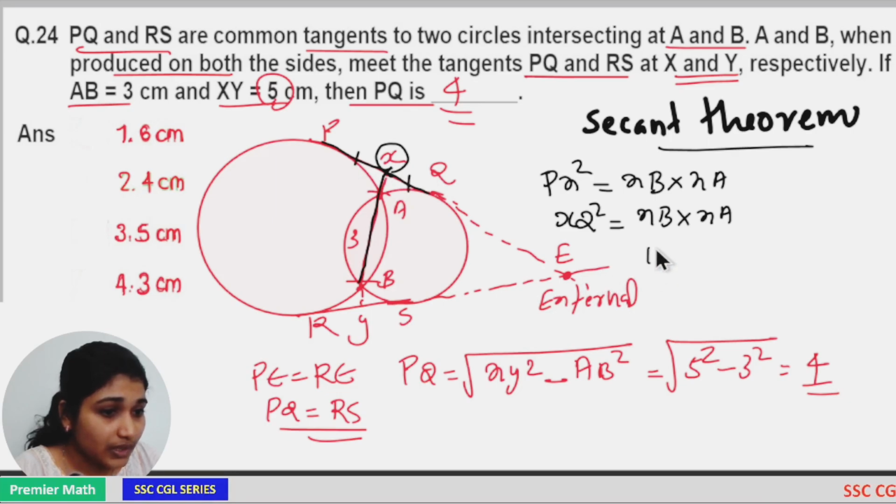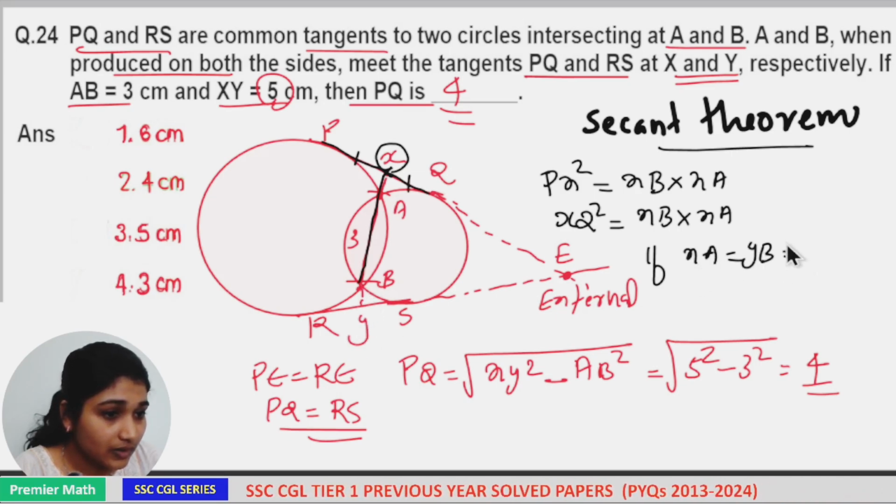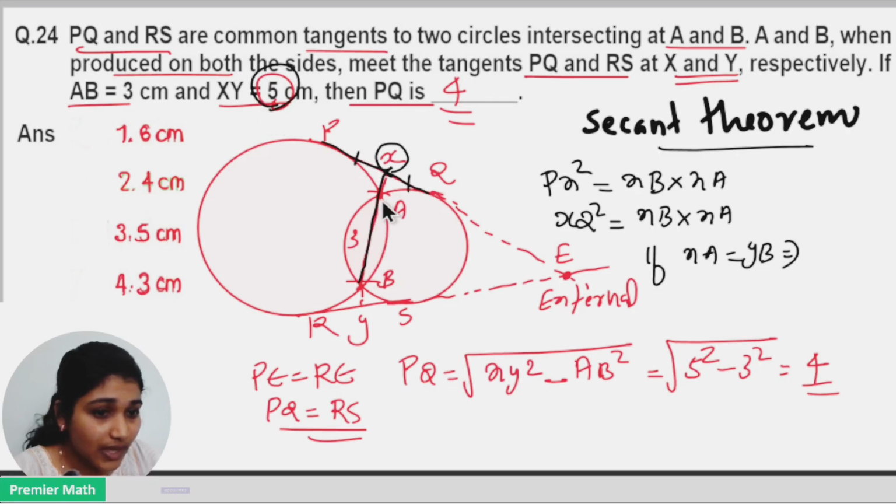So if I'm considering XA length as equal to YB length, we already know XY equals 5 centimeter and AB here is equal to 3 centimeter. So if XA equals YB, this should be 1 and this should be 1.